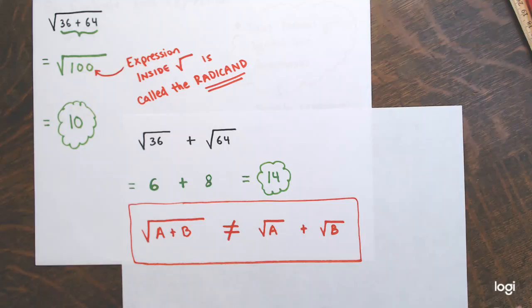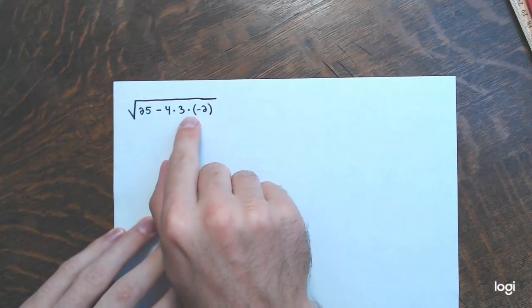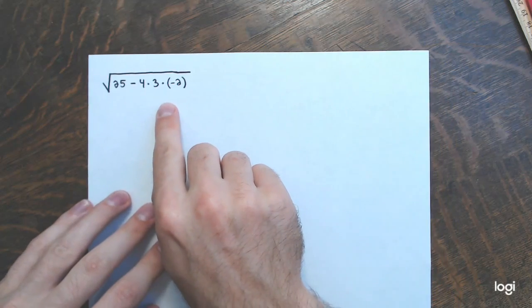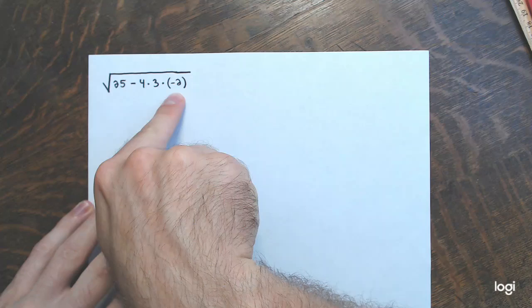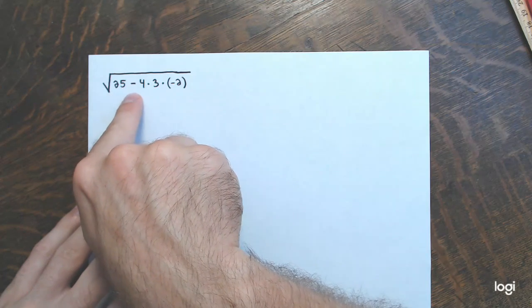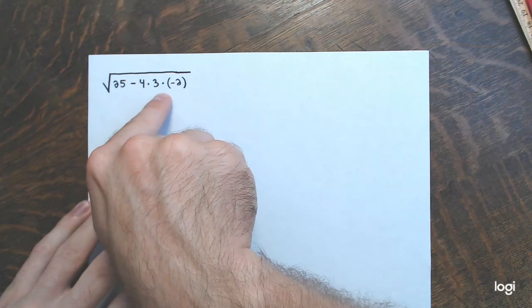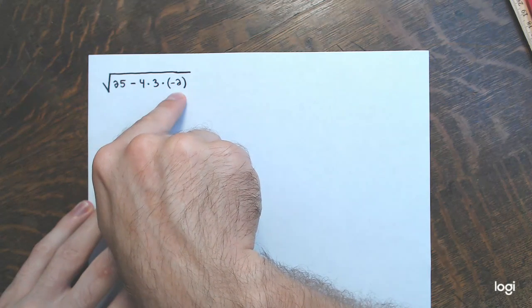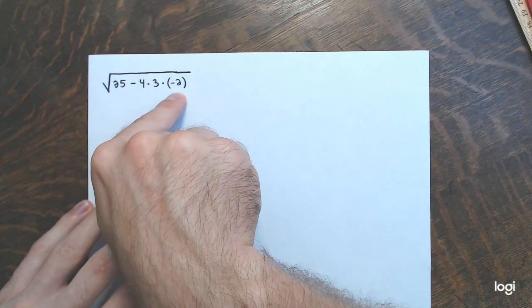Alright, and then my one final example. It's another radical, another square root, as all these have been. But there's a more complicated expression inside with some numbers. The reason I'm putting this example up is because you'll be seeing radicals with expressions like this inside when you solve quadratic equations using the quadratic formula.